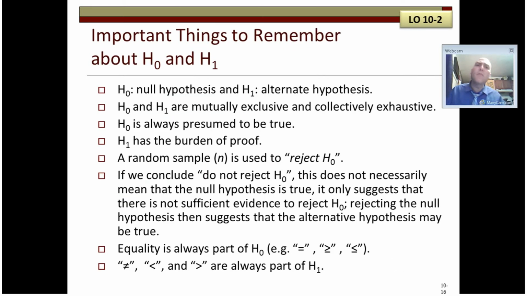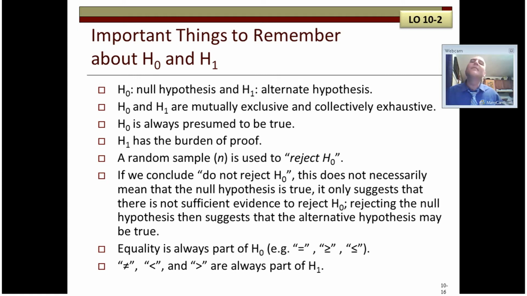Important things to remember now that we've begun to use H naught and H1. This is called the null hypothesis, and H1 is the alternate. H1 and H naught are mutually exclusive and collectively exhaustive. They define the entire space, and there is no overlap, so that if we reject one, we get to accept the other.